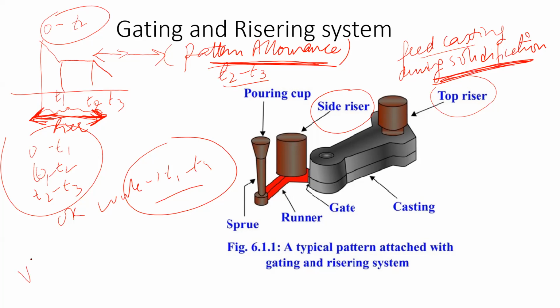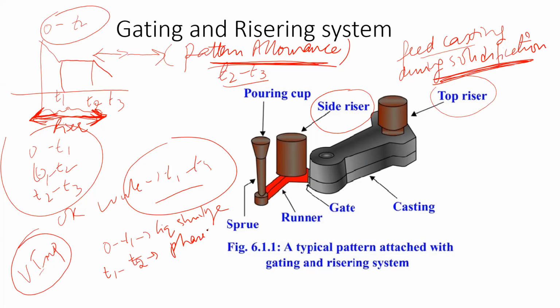I say it is very important because many times they have asked questions based on this concept. So riser we are using for 0 to T2 time. What all comes in 0 to T2? 0 to T1 is liquid shrinkage, and T1 to T2 is phase change.